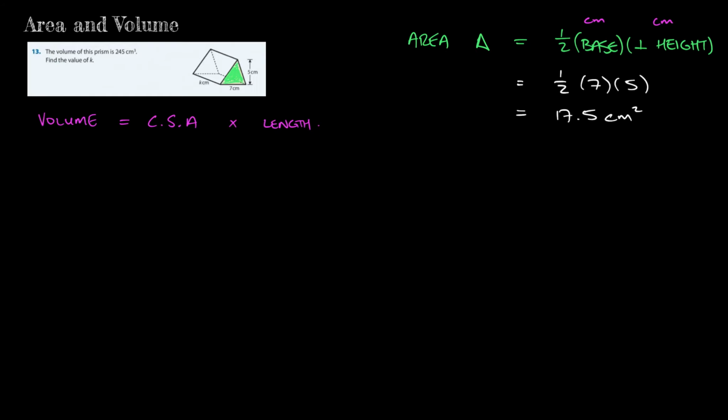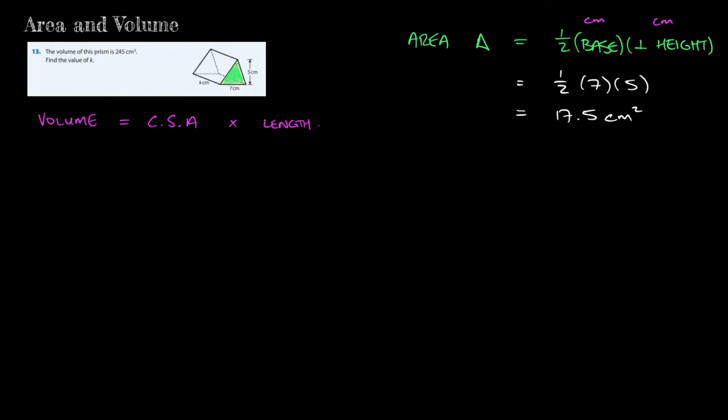So we know the cross-sectional area, which is 17.5. That multiplied by the length, which in this case is K, gives us the volume. So let's fill in what we know.